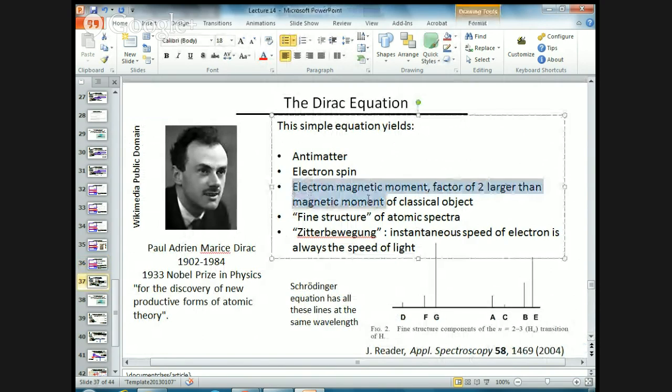It turns out that the electron magnetic moment, as predicted by the Dirac theory, is in agreement with experiment, and it's completely non-classical. It's off by a factor of 2 from the magnetic moment of the corresponding classical object. It gives a so-called fine structure of atomic spectra that can't be understood in terms of the Schrödinger equation, and a bunch of other stuff.